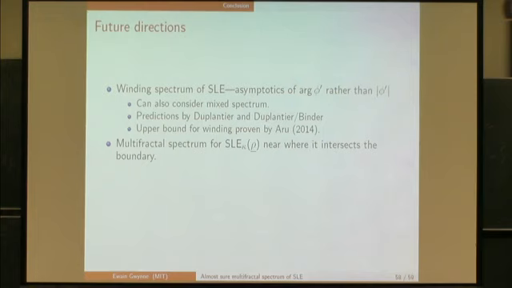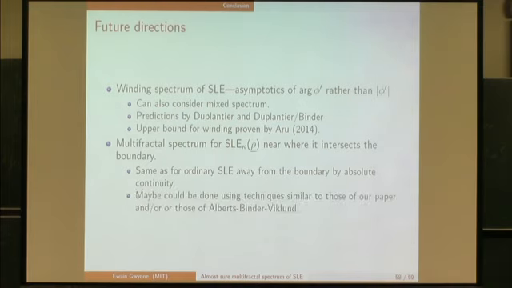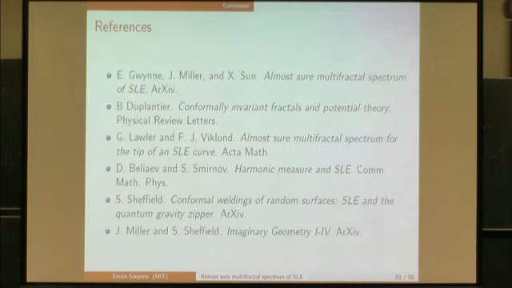It's the same as for ordinary SLE away from the boundary, but there are issues near the boundary, and some additional work is necessary. Maybe this could be done using techniques similar to those of our paper, or maybe the recent paper by Alberts, Binder, and Viklund. So that's it. Here are the references I cited during the talk.